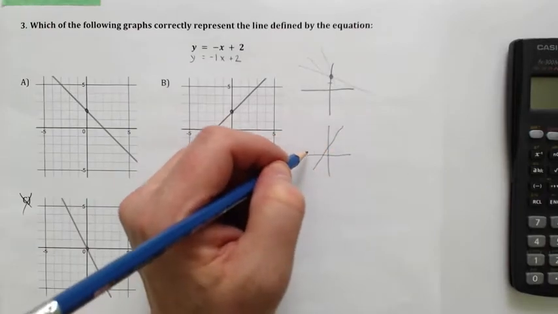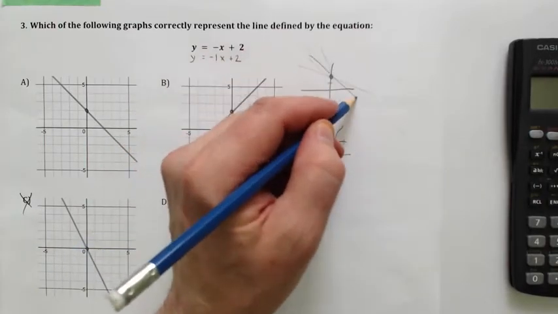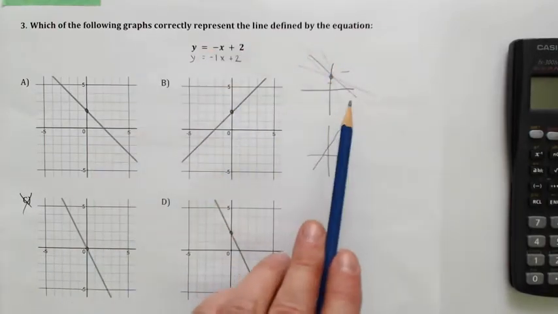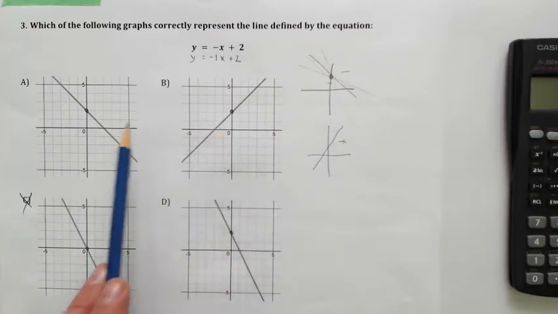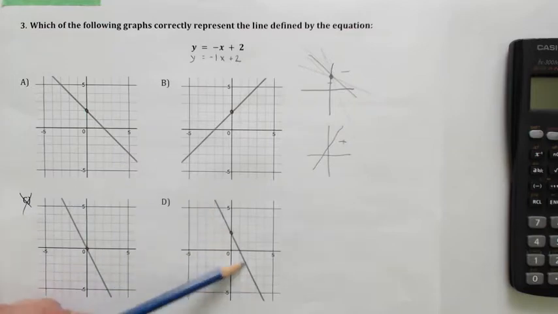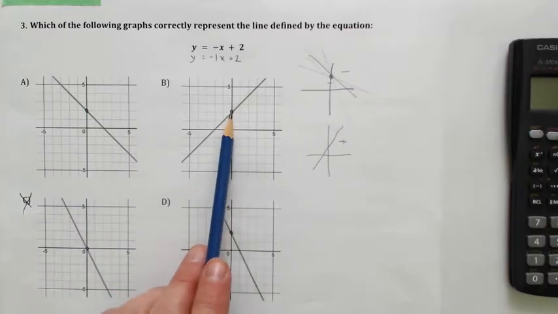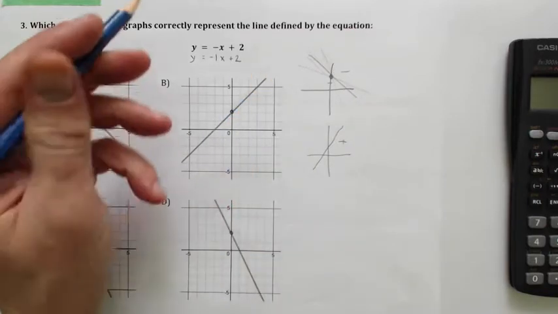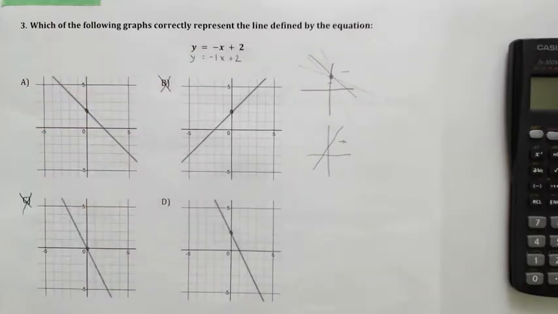So, these are positive slopes over here, and these are negative slopes over here. And if you look at the 3 that we have remaining, this is a negative slope, and this one here is a negative slope, but this guy over here is a positive slope. This one's going up. And so we can eliminate B. And that leaves us with these 2.